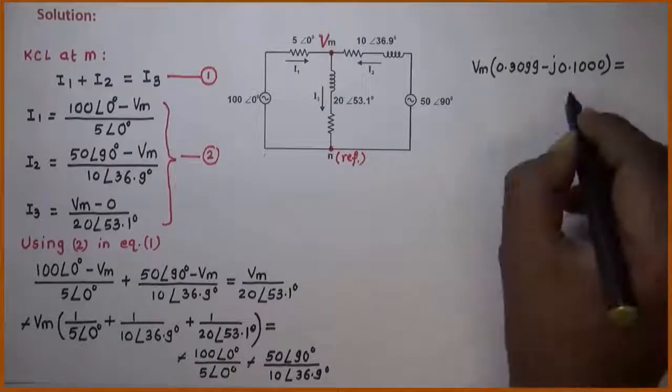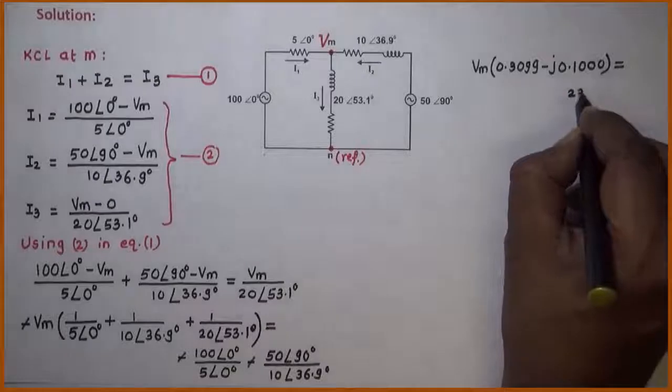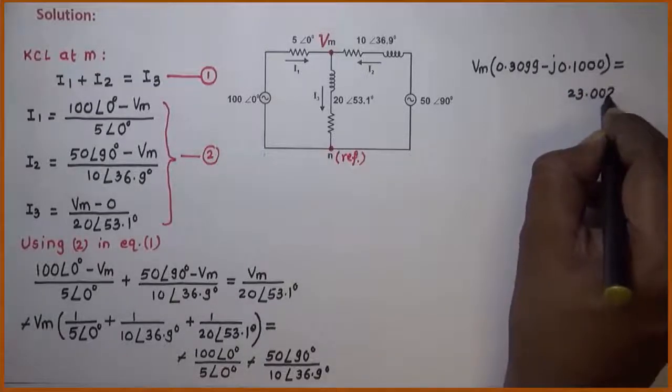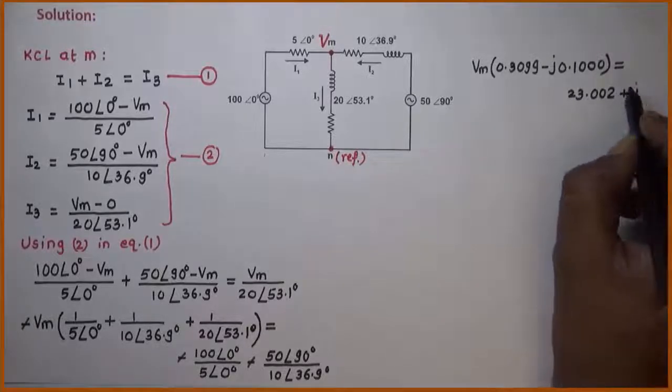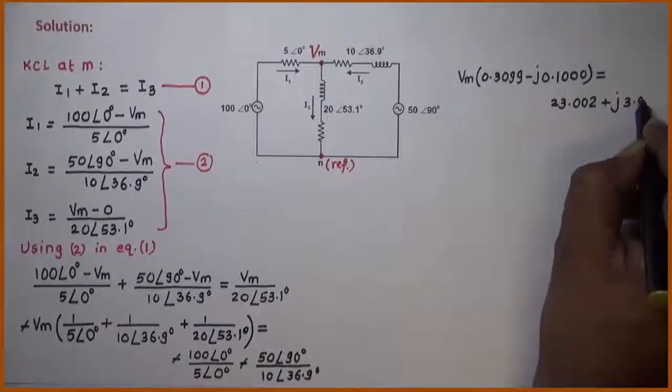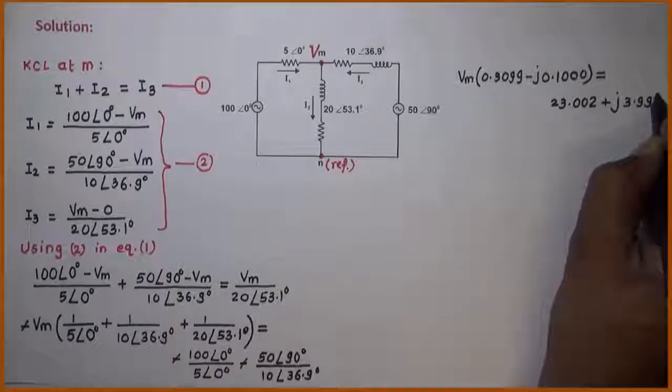This value comes out to be 23.002 plus j3.998.